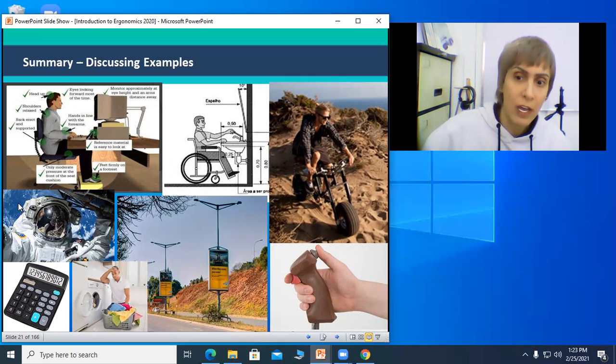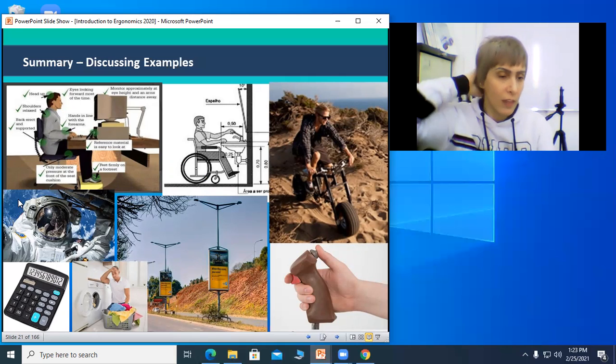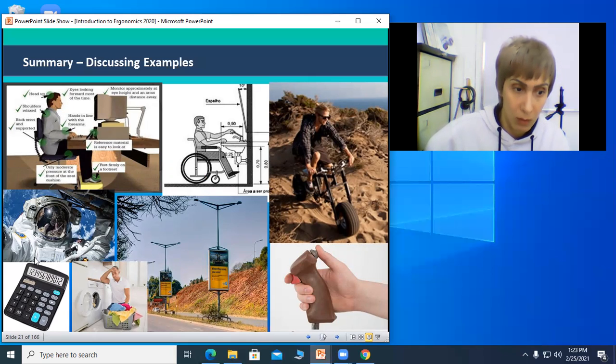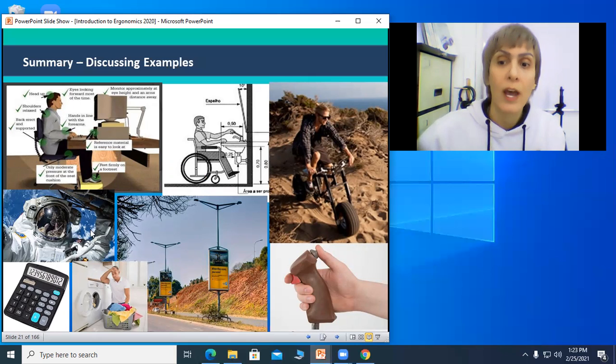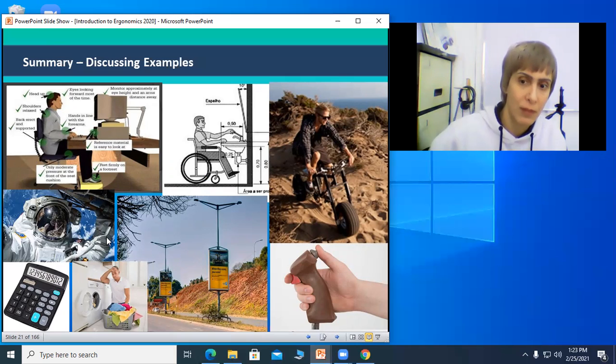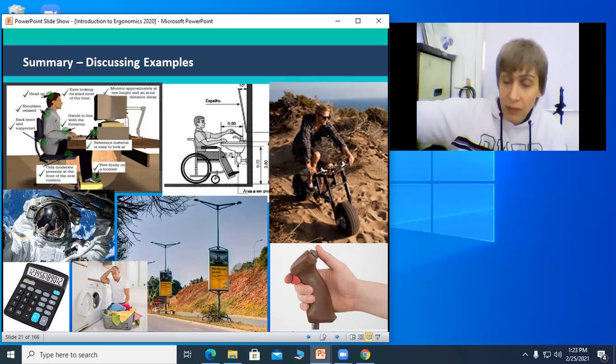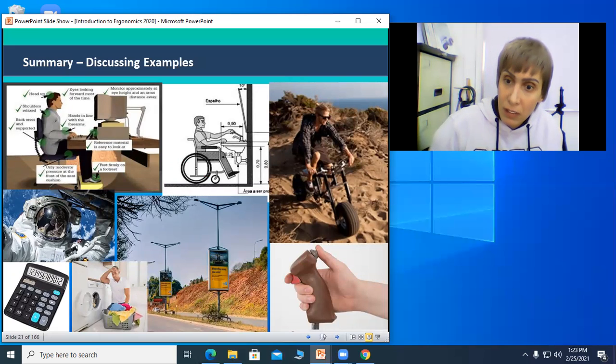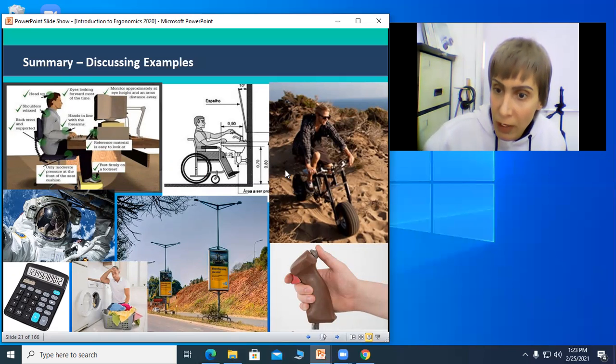Because the designers had to take into consideration that this spacesuit will be worn outside of the Earth. The environment in space is different than here. So the suit has to be safe for that environment.